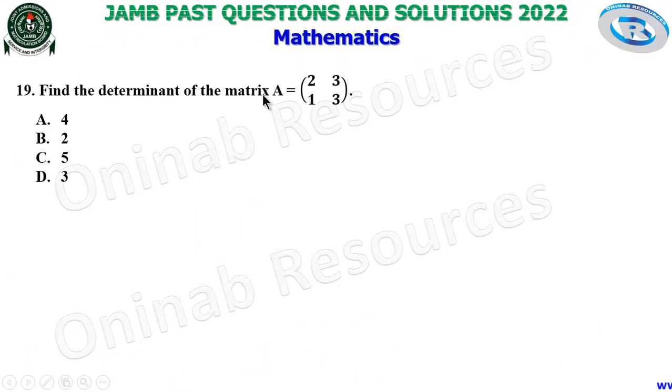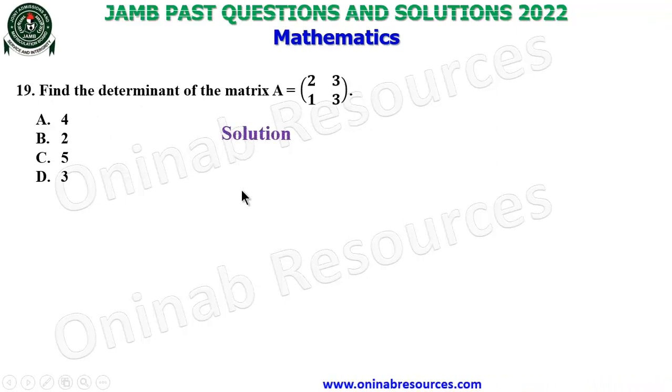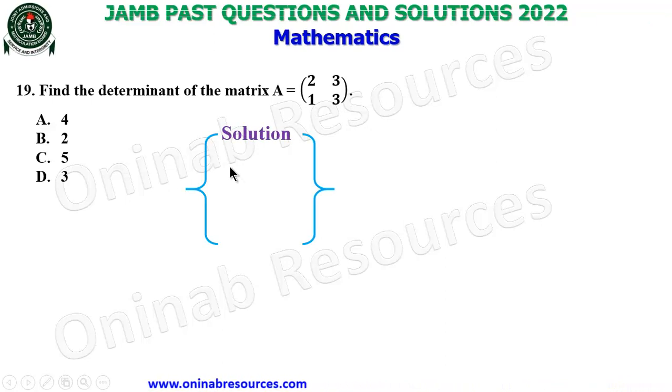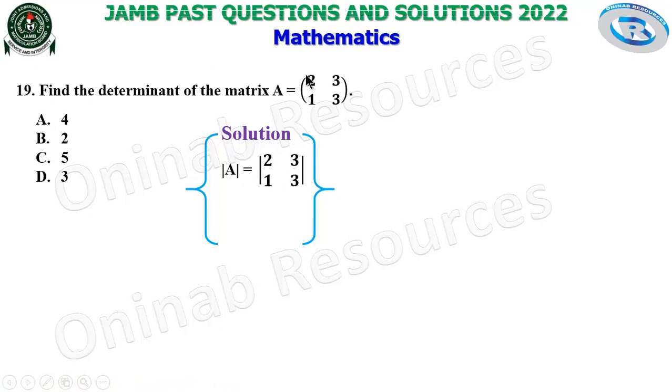Find the determinant of the matrix A equal to 2, 3, 1, 3. So the determinant is written as the absolute value of A, or we can change the brackets to straight lines. To do that is just to cross multiply and find the difference.